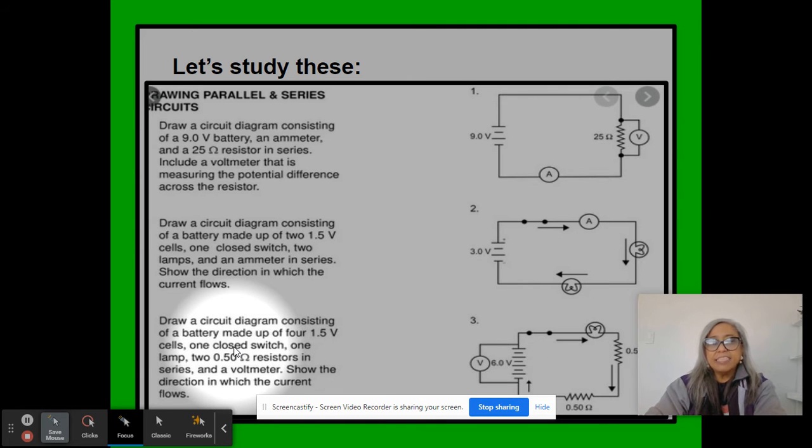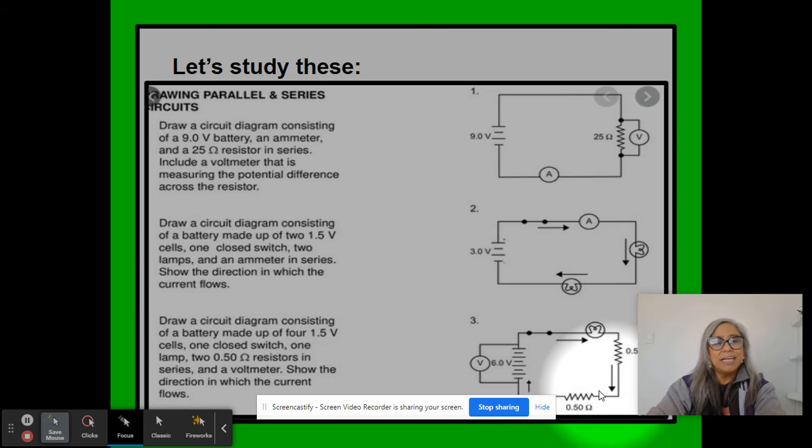So here, another example: draw a circuit diagram consisting of a battery made up of four 1.5 volt cells. You can have this drawn one after the other, or you can just combine it into one set like this. For 1.5 volts, one closed circuit, this is the closed circuit here, and two 5-ohm resistors.